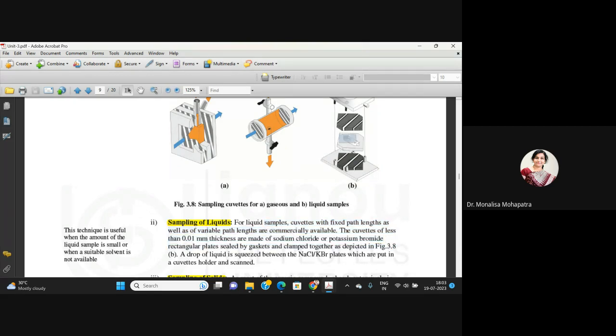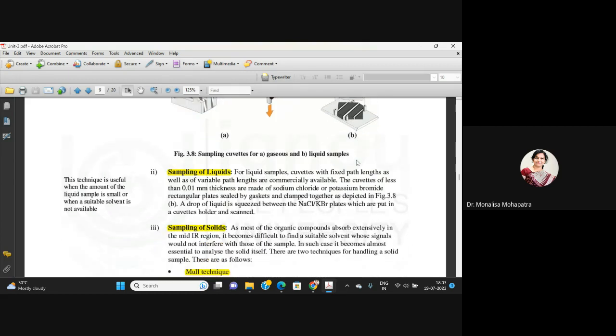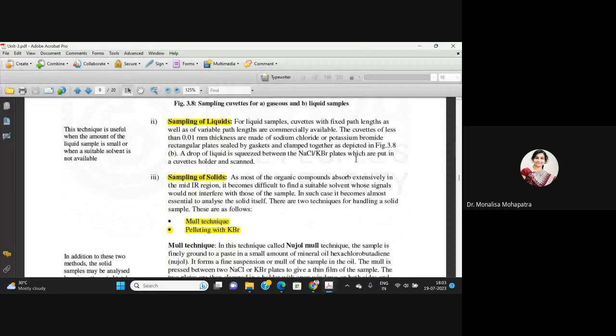A drop of liquid, as you can see in figure B, the middle compartment, is squeezed between NaCl or KBr plates on both sides. Then you can go for scanning. So this is how you take the samples.